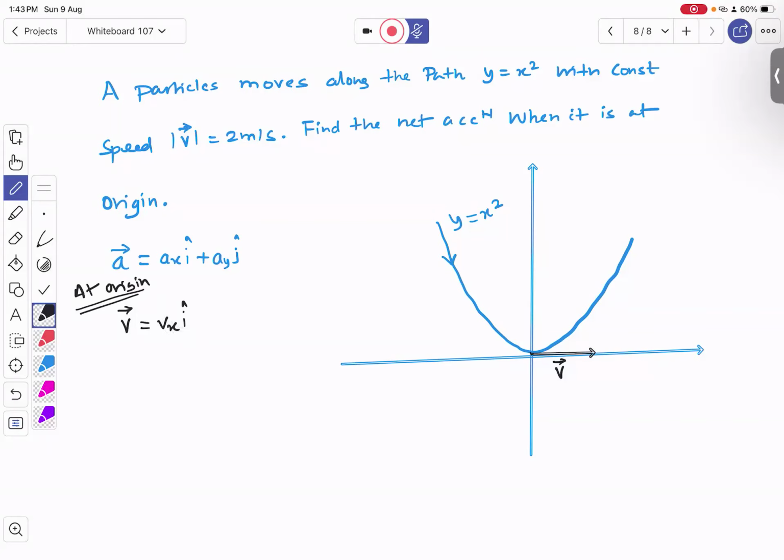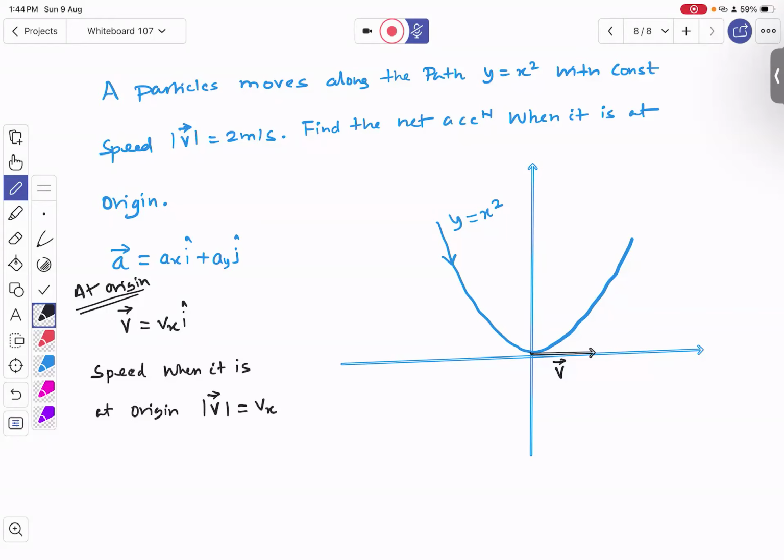So tell me, if I ask you what is the speed of the particle when it is at origin, what answer will you give? Whatever is the magnitude of its x component, that is the speed it has. So the speed of this particle is going to be the same as Vx, correct or not correct? Correct, no?